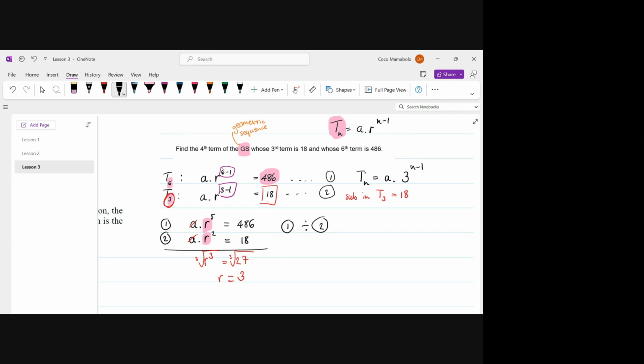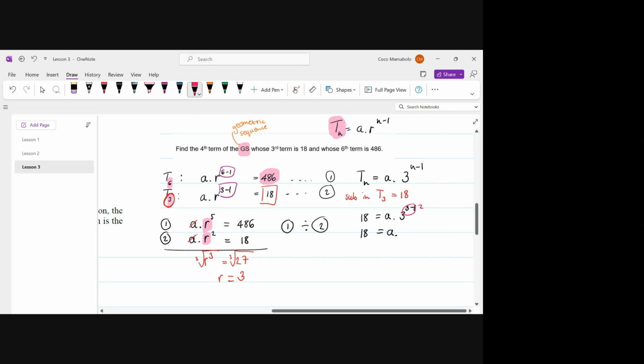All right. So I'm going to replace Tn with 18 and replace n with 3. So I'm going to have 18 equals a times 3 to the power of 3 minus 1. So 18 is equal to a times 3 to the power of 2, because 3 minus 1 is 2.